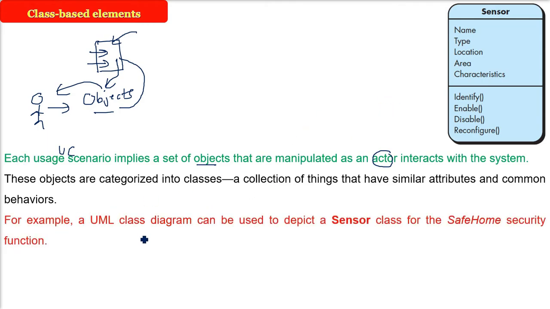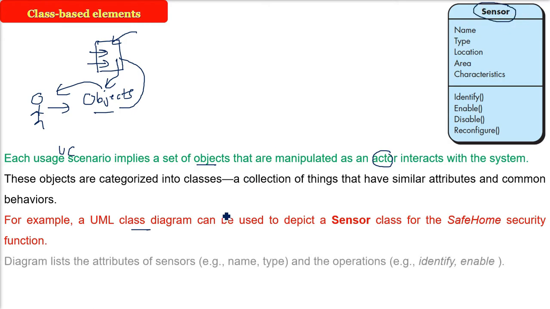In the UML class diagram which I showed you here, if you see on the right top, the sensor class. A UML class diagram can be used to depict a sensor class, if you take that same example of SafeHome. The first list you see are the attributes. In a class, we will have variables and functions.